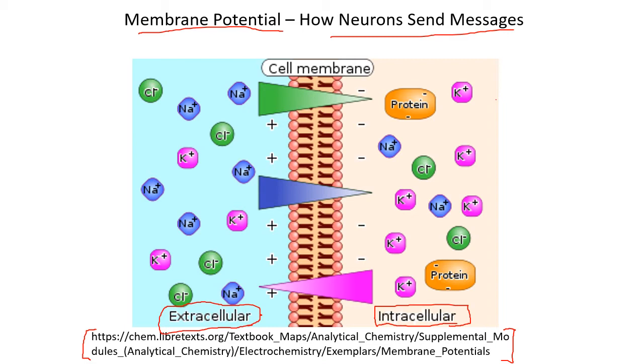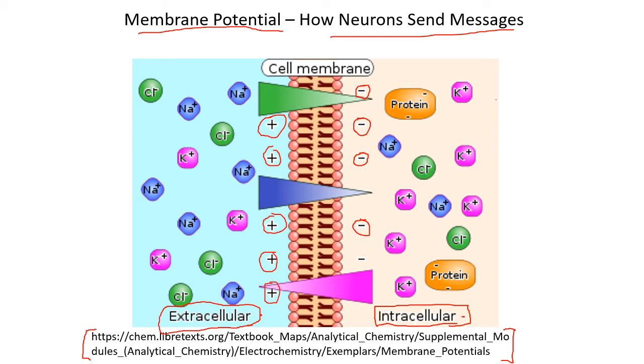And as we can see, the inside is going to be more negative than the outside. So we have our negative charge inside, and we'll have a positive charge outside, comparing the two to each other there.